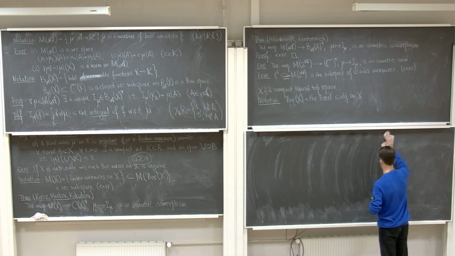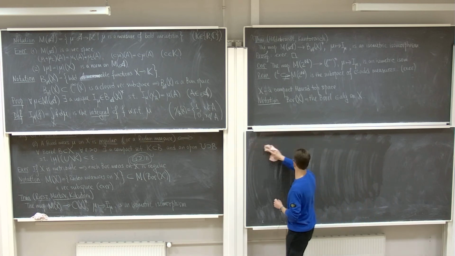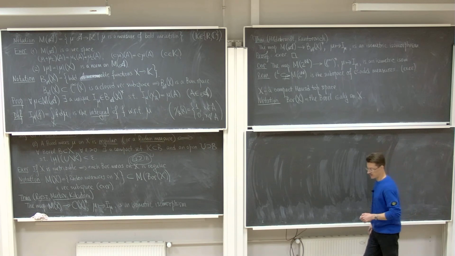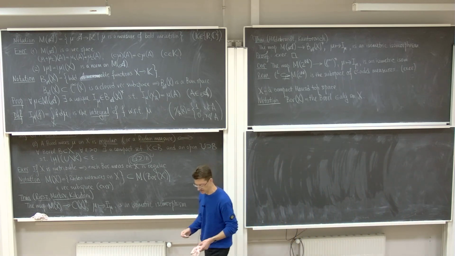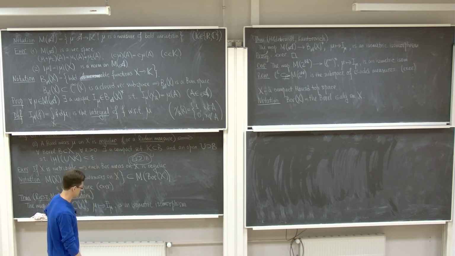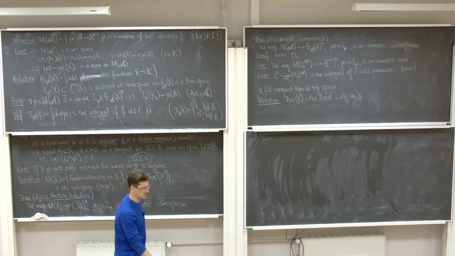Okay, so that's all I wanted to tell you about the dual of C(X). So let's now come to the general theory of dual spaces. And let's try to ask the following stupid question.